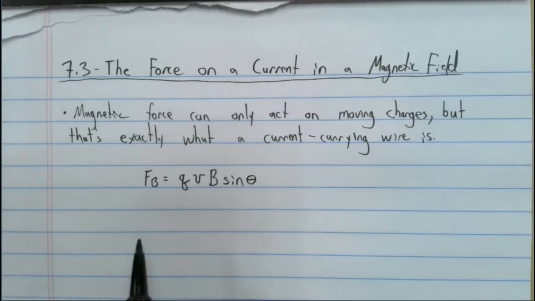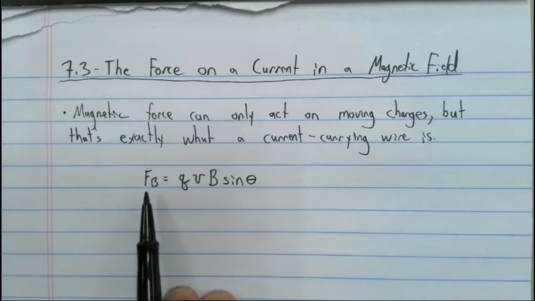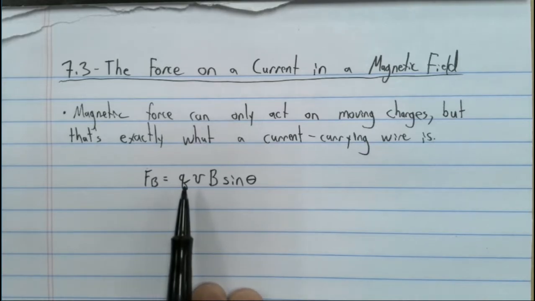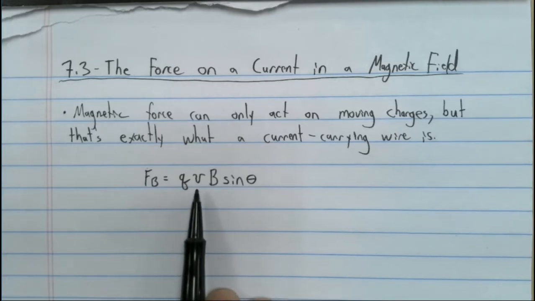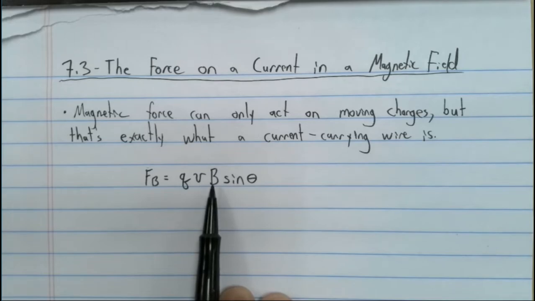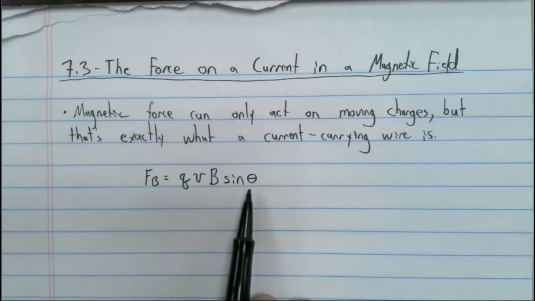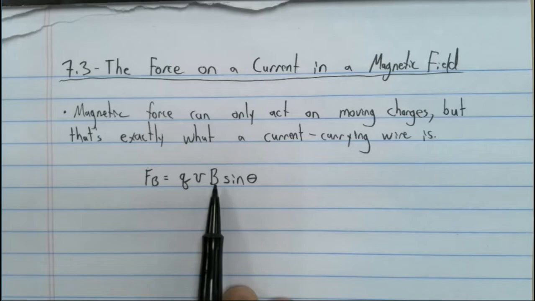As a reminder, F_B is the magnetic force, q is the amount of charge it's acting on, v is the velocity of that charge, B is the magnetic field strength, and theta is the angle between B and v.